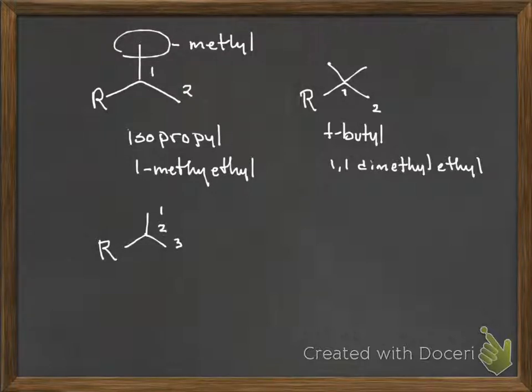Now that's a propyl, so it's going to be a prop-2-yl group. And what that means is a propyl group attached at the number 2 carbon. Okay? So those are all different alternate ways of naming isopropyl groups.